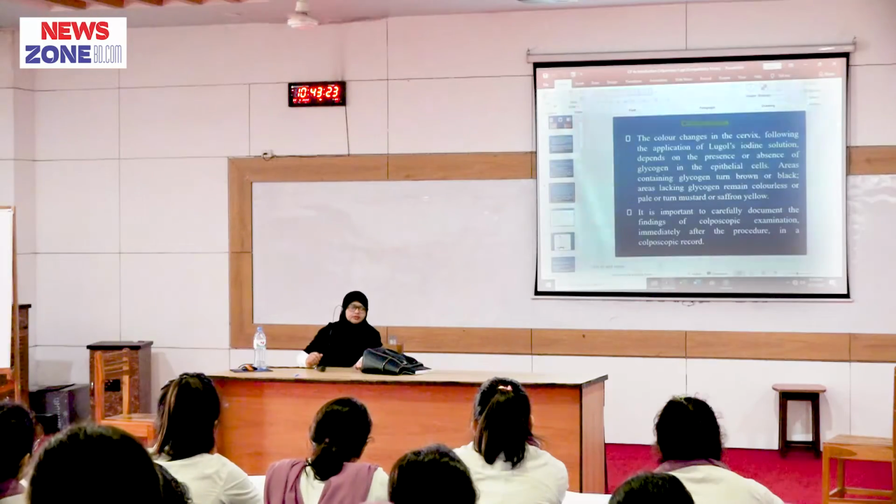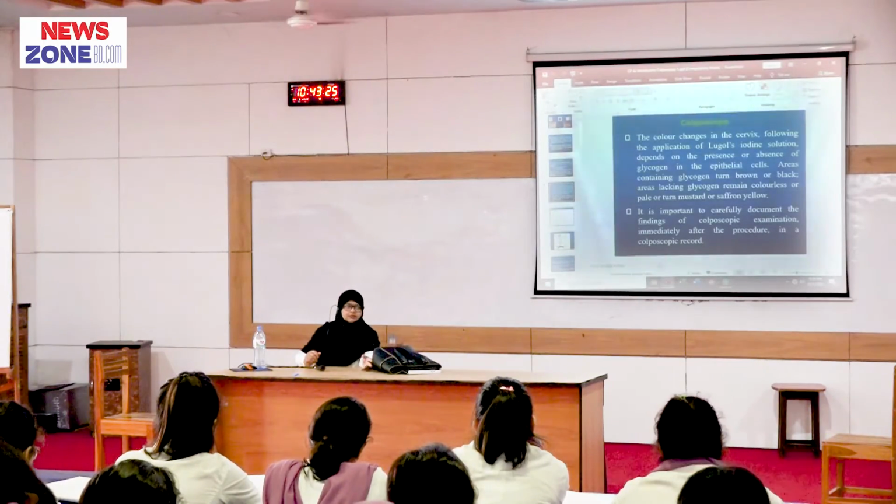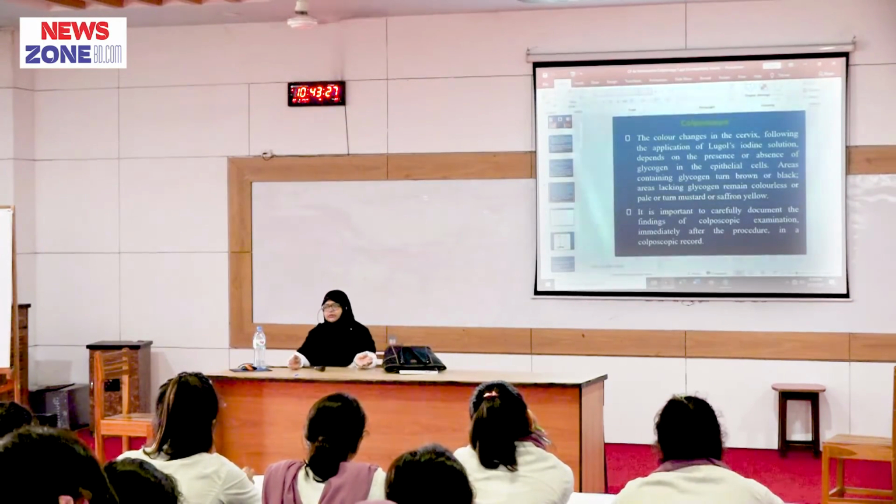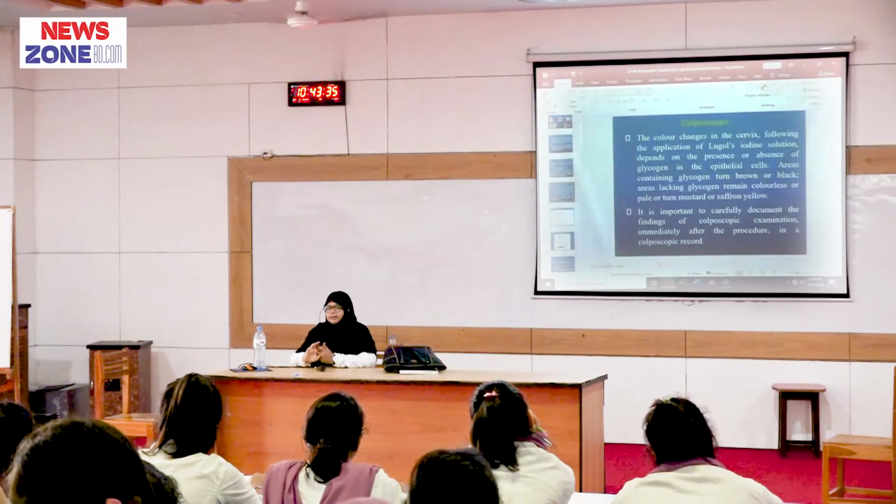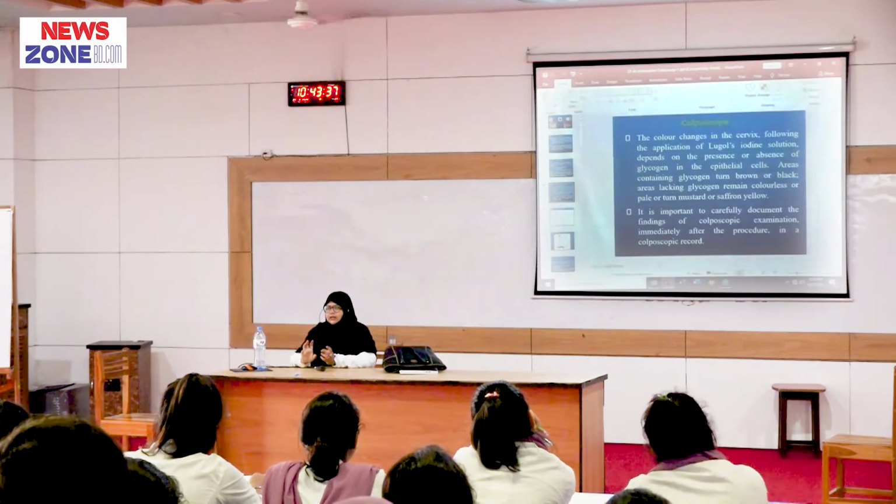And most of the patients come when? At a late advanced stage, when it has spread more, then most of the patients come to us. So to prevent ovarian carcinoma is difficult. So some parameters are fixed.